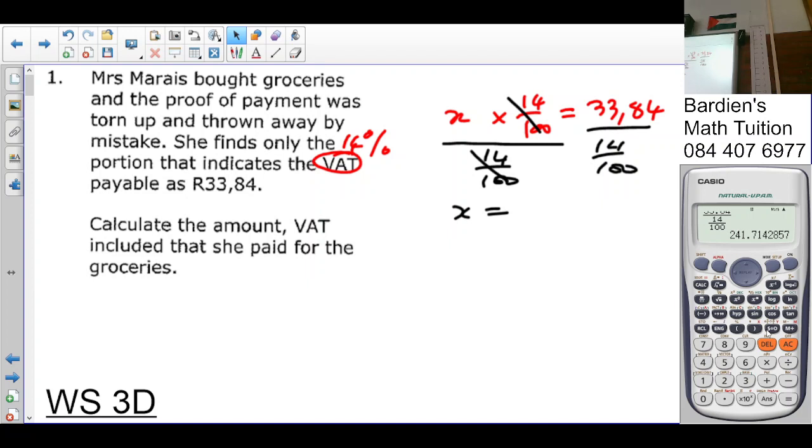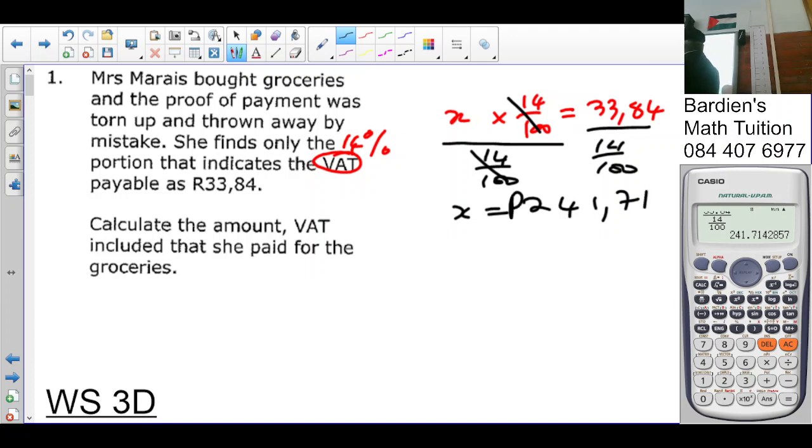So that gives me 241 Rand and 71 cents. Okay, you guys understand? But what amount does that represent? The total amount excluding VAT. But they want to know the amount including VAT.